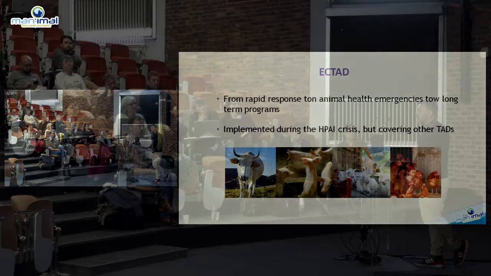In FAO, you have also the ECTAD, Emergency Centre for Transboundary Animal Diseases, which is a unit that is responsible for responding to animal health emergencies in the world, but also to implement long-term programs. It was created during the avian influenza crisis, but now it's covering many diseases.